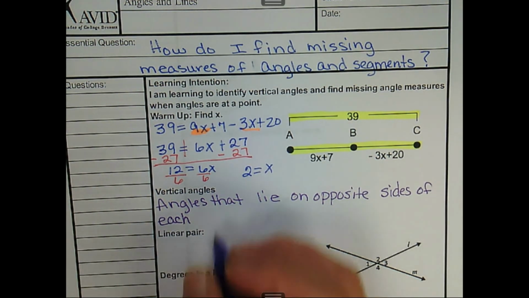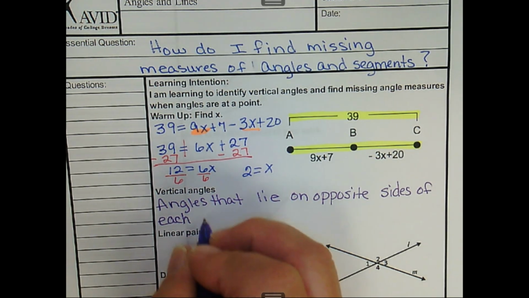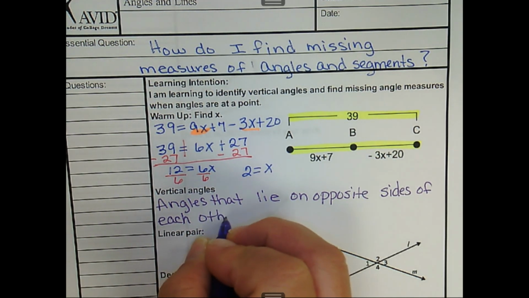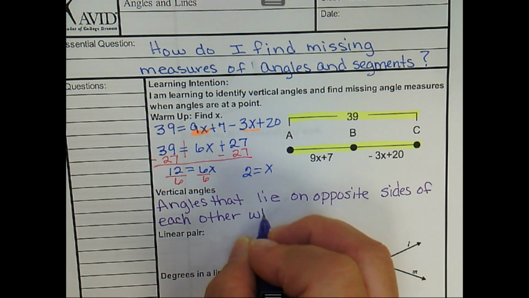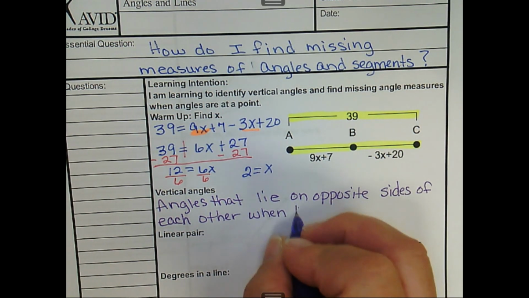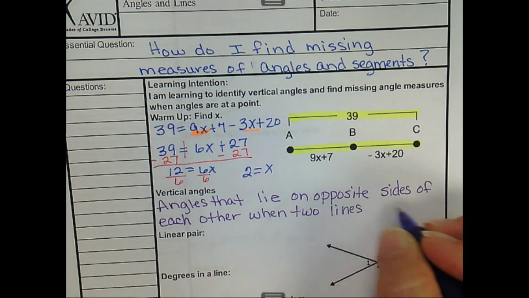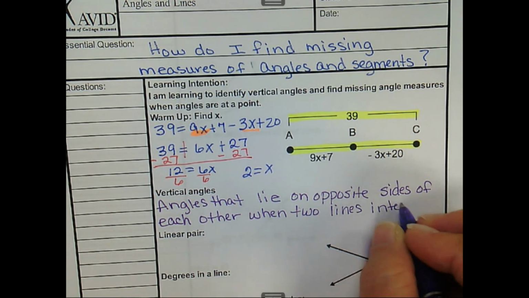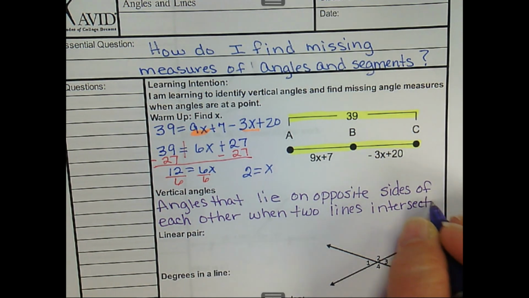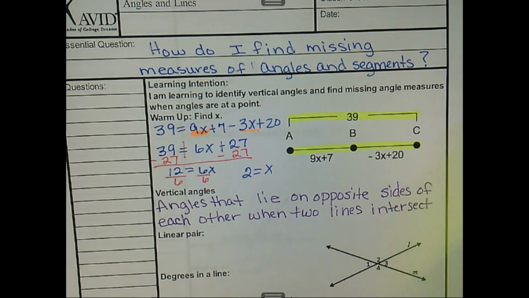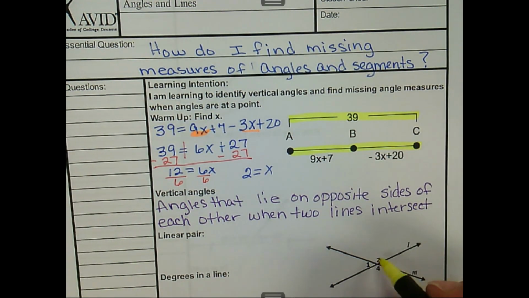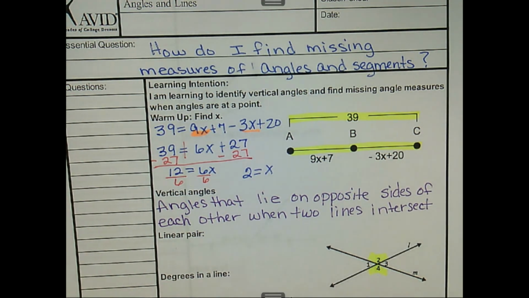See where your vertical angles are. Okay, so if I'm looking, I know that 2 and 4 will be vertical angles. And you've also got the other pair, which would be 1 and 3.